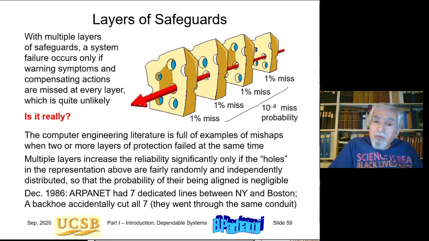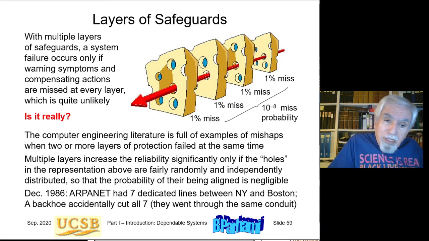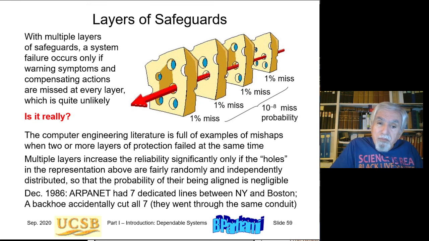Okay, we aim to remove these single points of failure or causes of dependent multiple failures. And if we can manage to do that, then this assumption of independence, multiplying probabilities by each other, will be valid and we can use it.